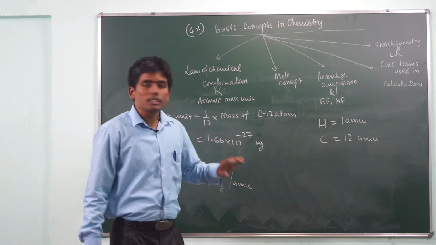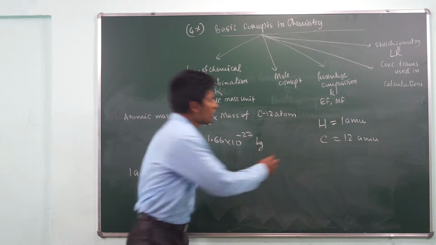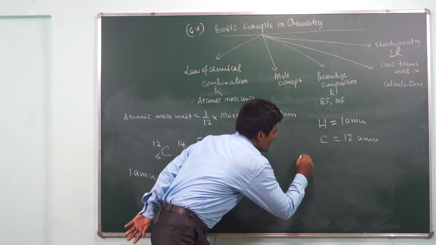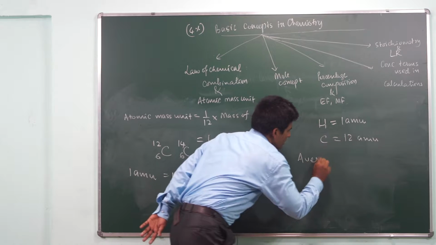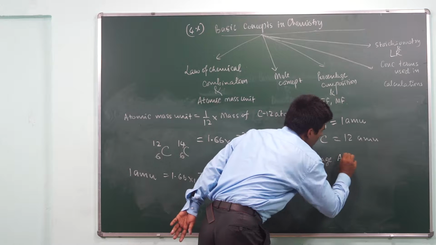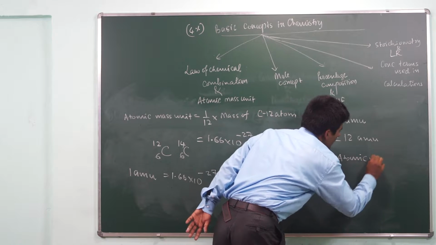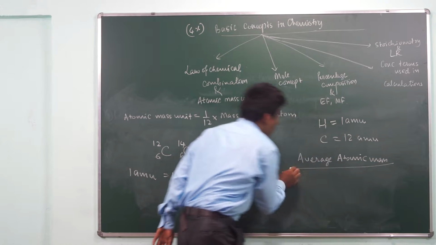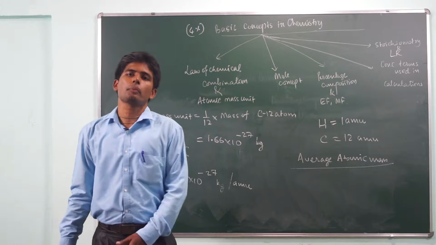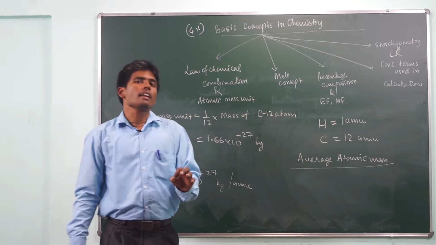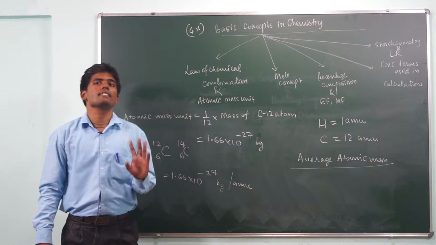Now we are going to the next subtopic, that is average atomic mass. Why does average atomic mass come into the picture? Every element has different isotopes, as I said.